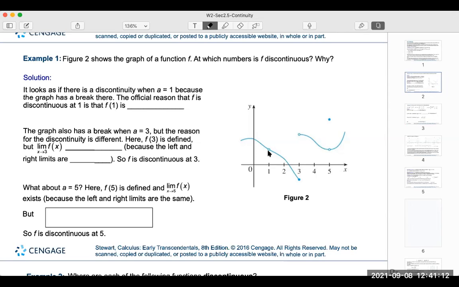And then at x equal to 1, is it continuous? Good job. It's not continuous here, because when we draw this point, we need to start from a hole right here, right? So what should we fill in the blank here?